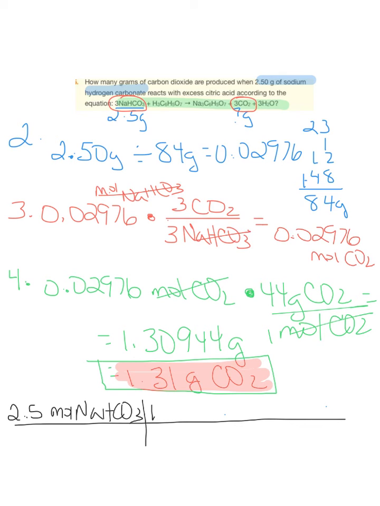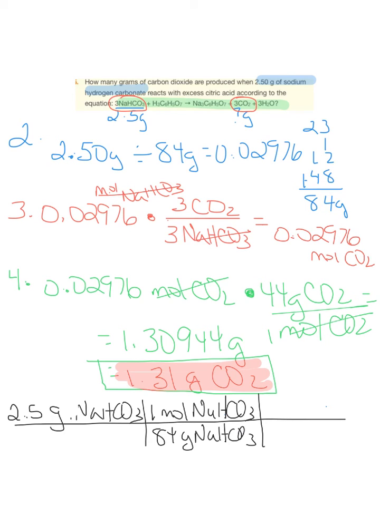I'm sorry, this one is supposed to be grams. I got going fast. This is supposed to be grams of sodium bicarbonate. So you'd have 1 mole of sodium bicarbonate over 84 grams of sodium bicarbonate. That's the end of step 2.